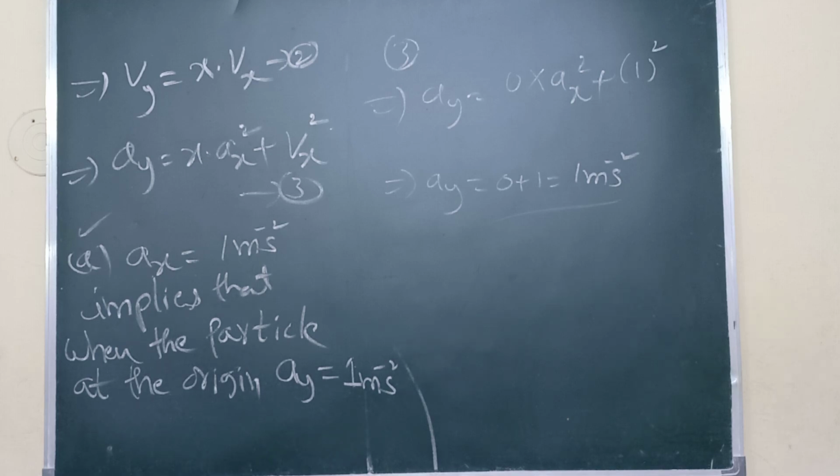Second one. If Ax equal to 0 all time, Ay equals to 1 meter per second square. That is another condition.